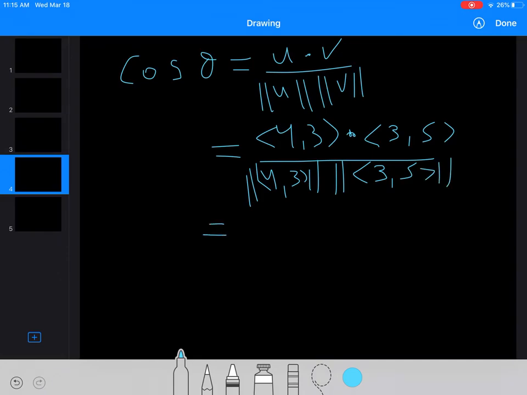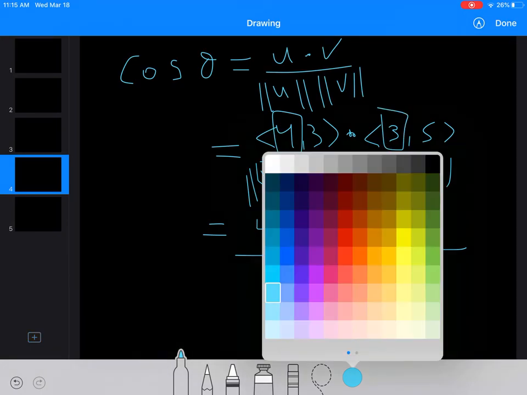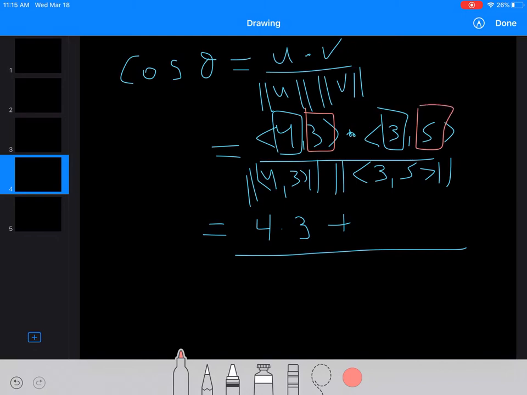All right, so the top, the first term is going to be 4 times 3, which is this 4 here and this 3 here. And let's use a different color. And the second term we're going to multiply is 3 times 5.